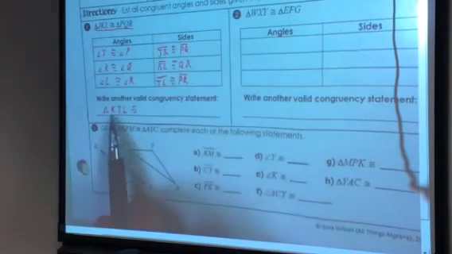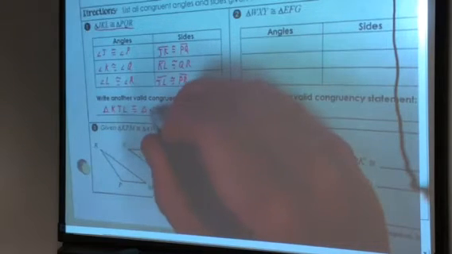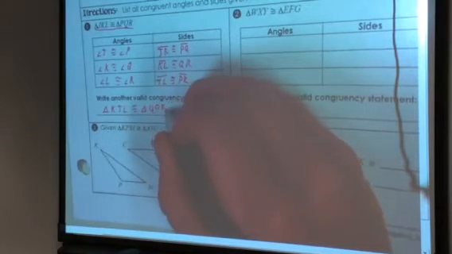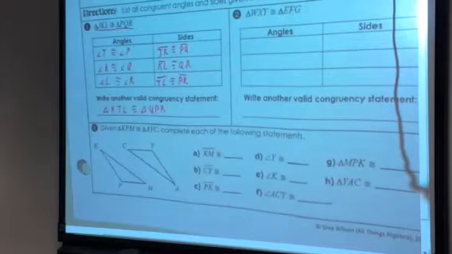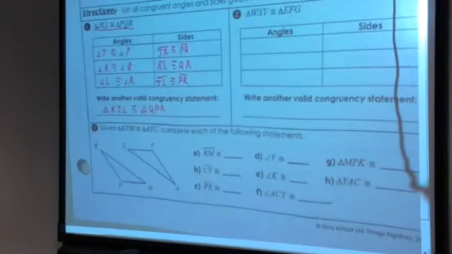So if I say KJL, what order is the other triangle going to be in? QPR. Now you can make other orders like that, but as long as they're in the same order, they'll be right. And you'll be asked questions like, could this be a valid congruent statement? Or are these triangles congruent? And if it's not, it could be false.